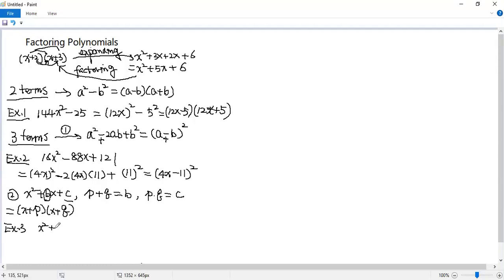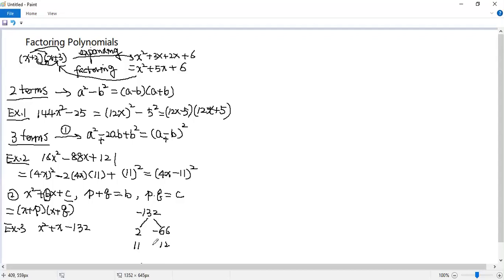x squared plus x minus 132. Let's break up the constant term, negative 132, into two numbers. The product equals negative 132 and the sum equals 1. We can try, say, 2 and 66, but the sum is not good. Then we try another, 11, and the other factor should be 12.